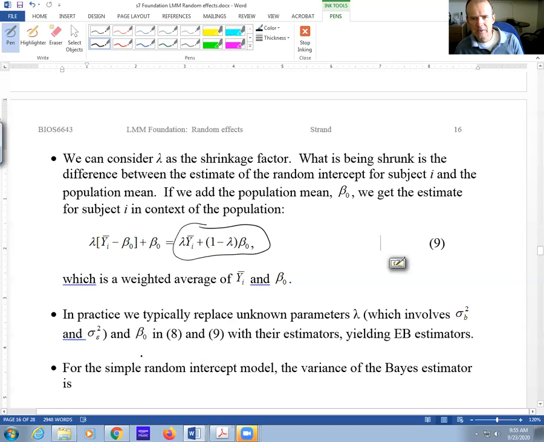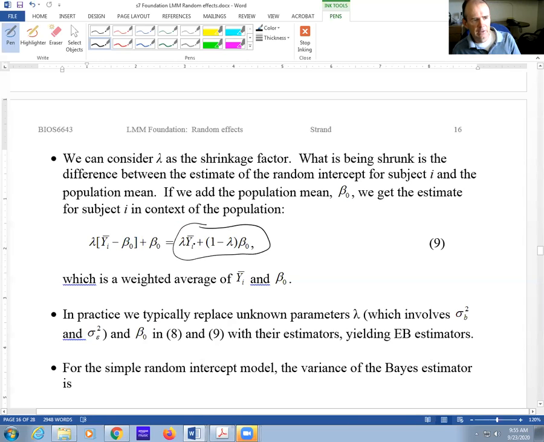So what's your best guess? If you only have that subject's data, what would you use? If you don't have time as a predictor in the model, well, you just average out their values, right? If you're measuring FEV1 and you take a bunch of FEV1s, what's your best guess at their true mean FEV1? It would be the sample mean, right?